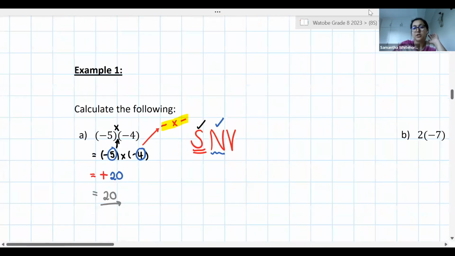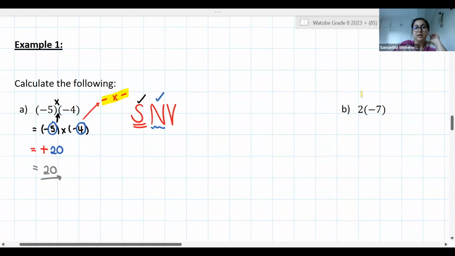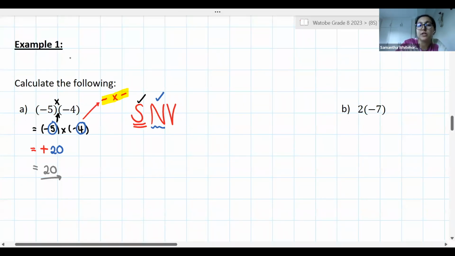Right, so I'm going to make this a touch smaller so that you guys can try question B. There's question B. Again, remember when there's no sign in between a number and a bracket or between two brackets, what you're doing is you're multiplying. So there's no sign here. What we are saying is 2 times a negative 7.